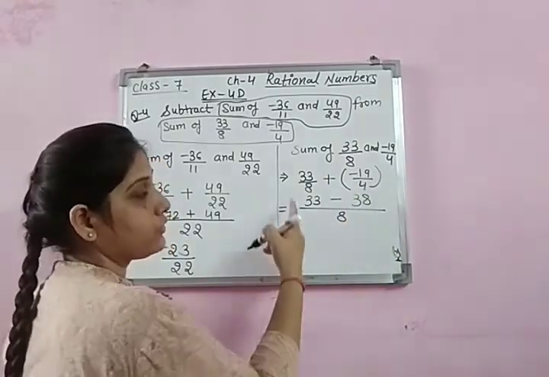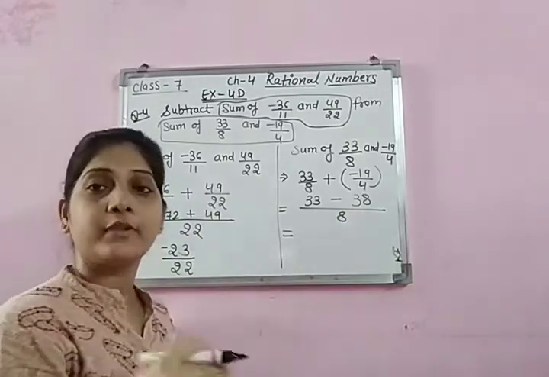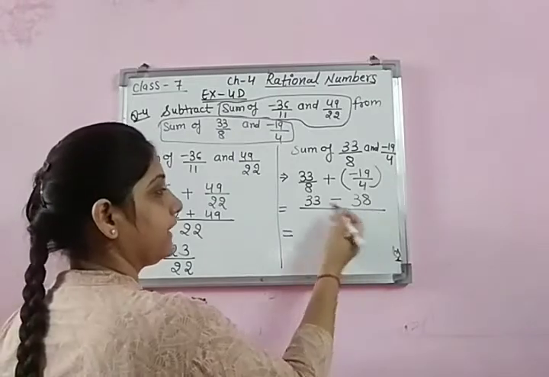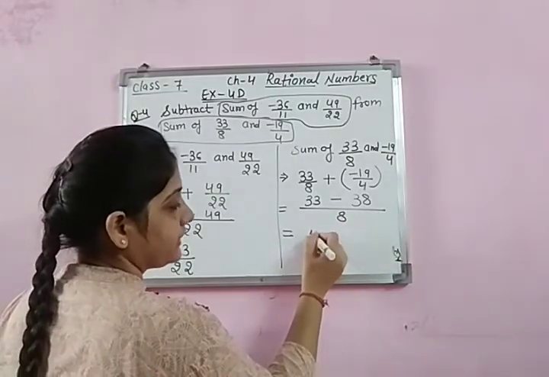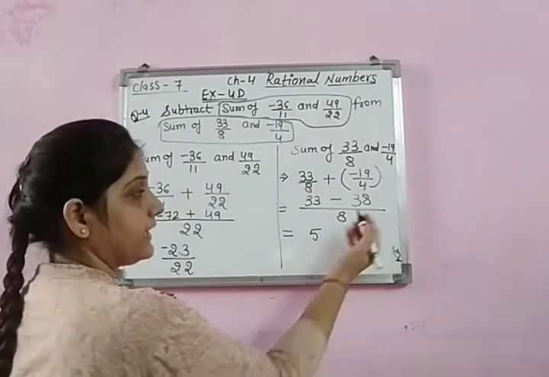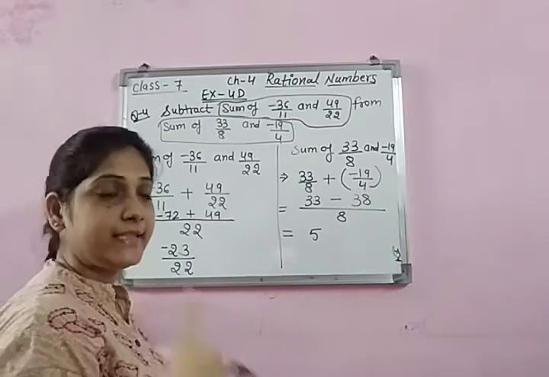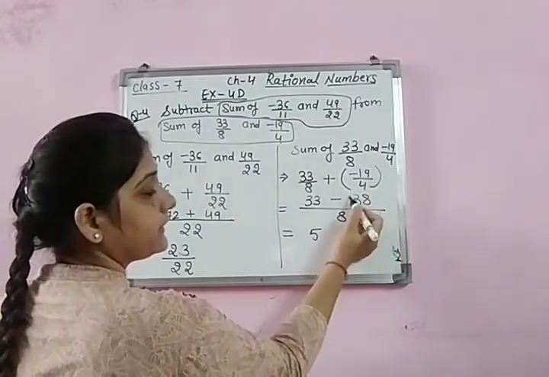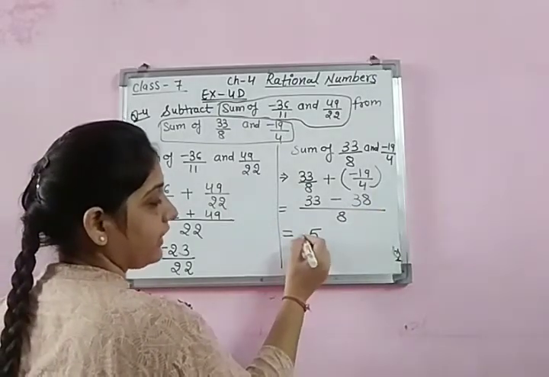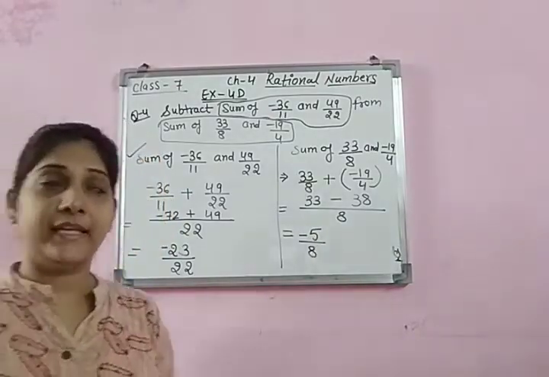Let's subtract, because one has no sign, so it is plus, and the other is minus. Opposite signs mean subtract the digits. 38 minus 33 is 5. Is it positive or negative? 38 is bigger, please see only the numbers. 38 is bigger and it is with the negative sign, so I have to give the negative sign. So negative 5 by 8.